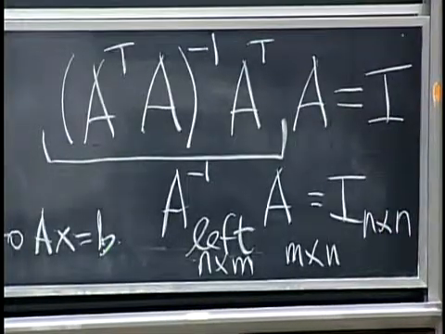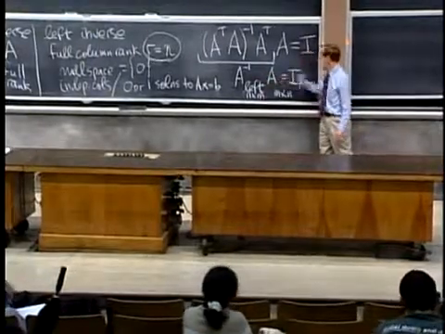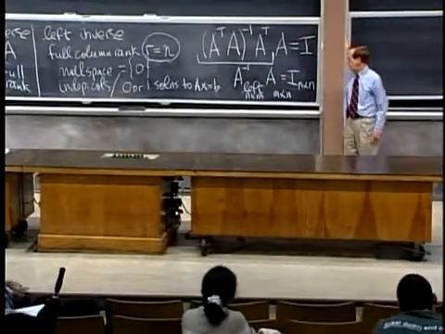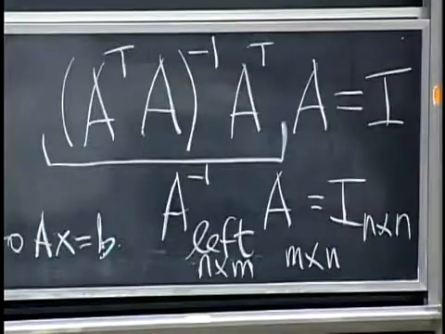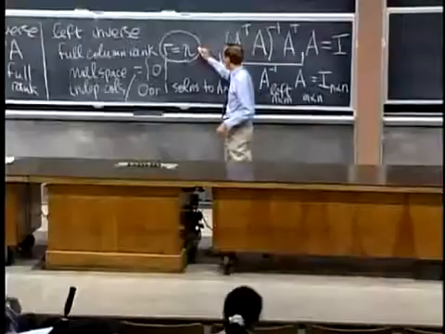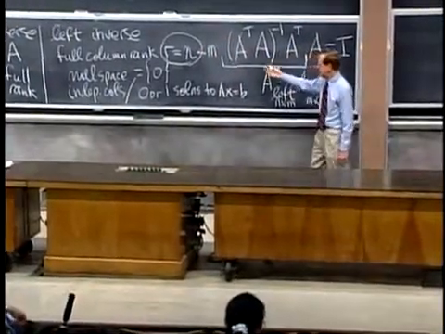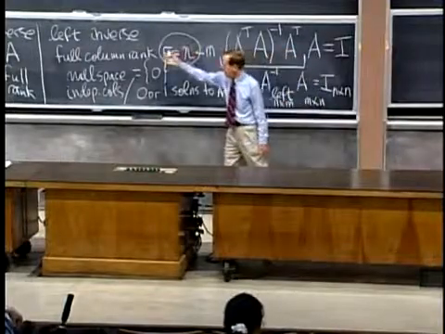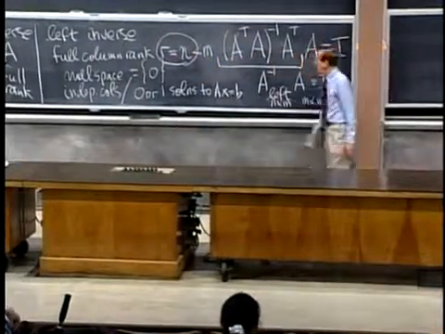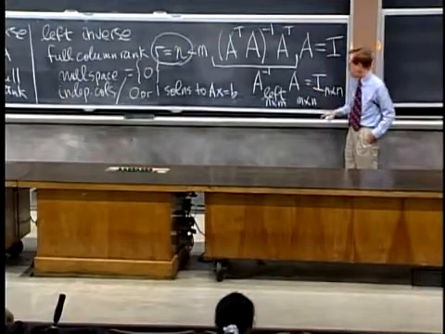But if you tried to put that matrix on the other side, it would fail. If the full column rank n is smaller than m, the case where they're equal is the beautiful case, where that's all set. Now we're looking at the case where the columns are independent, but the rows are not.